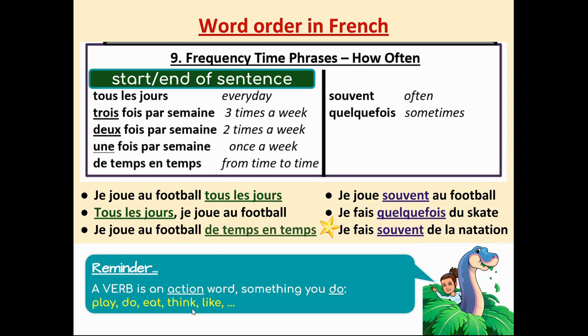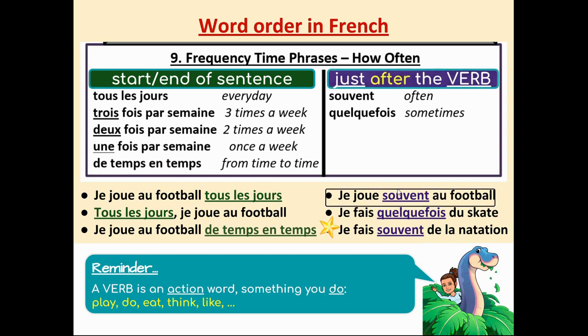It's an action word, something you do: play, do, eat, think, like, etc. So here is au, du, and de la. Are they verbs? They are not. So where is the verb in that sentence? Where's the verb play, for example? It is here. Faire means do, and that's do again. So it's not in front of the verb, it's actually just after the verb.